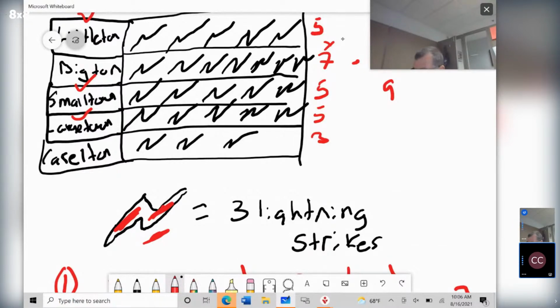So just because you see 5 lightning bolts here, don't get confused and think Littleton only had 5. There's 5 symbols, but each symbol represents 3 lightning strikes. So you want to make sure you look down at the bottom to the key and see what that symbol in a pictograph represents. Because it's not always going to represent 1. Sometimes it might, but you want to make sure you check down below to see what that symbol represents.